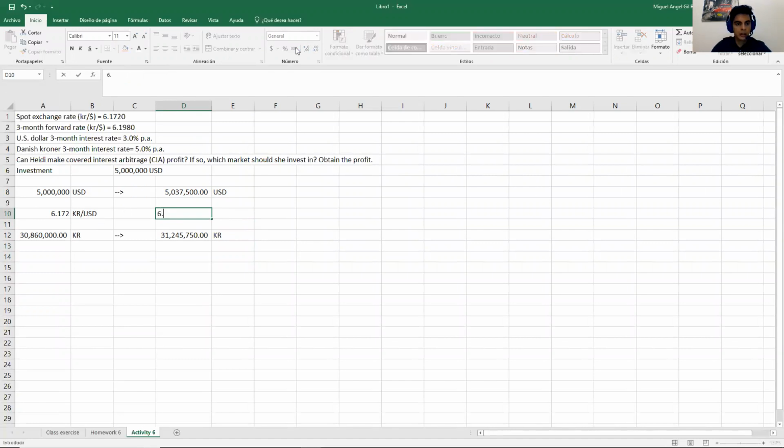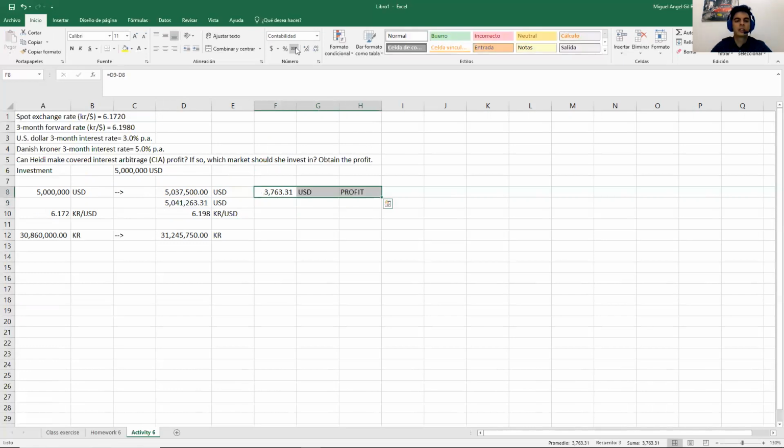It will be 6.98, and this is crowns over dollar. So I will have to divide this over dollars. And according to this, I will have a profit of this amount of dollars, right? So that's how you solve the first exercise.